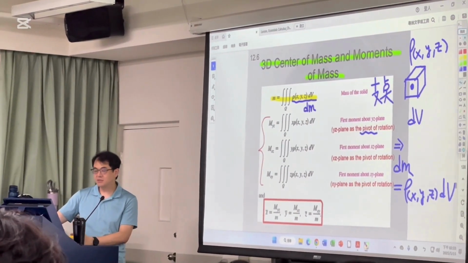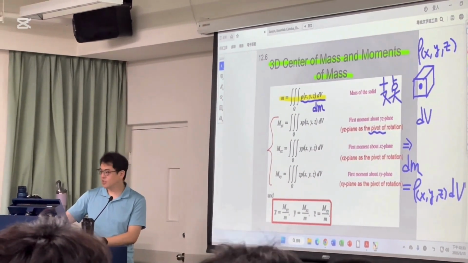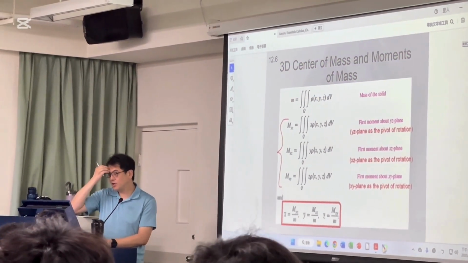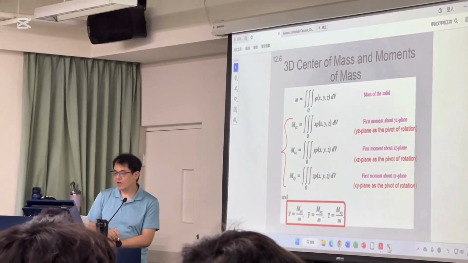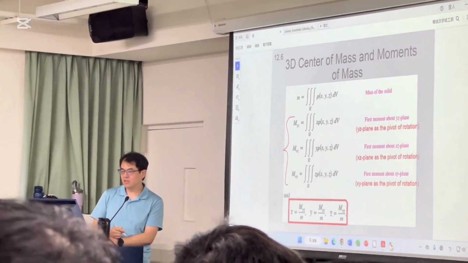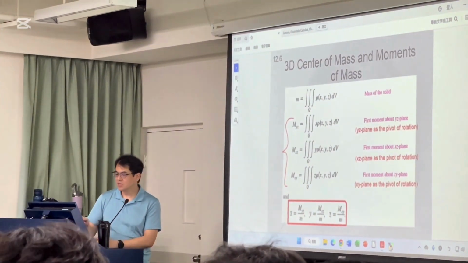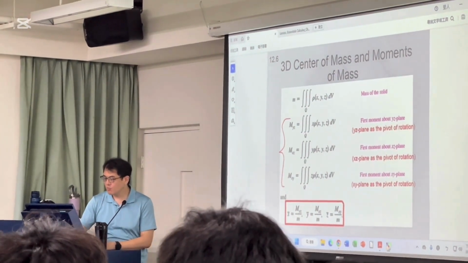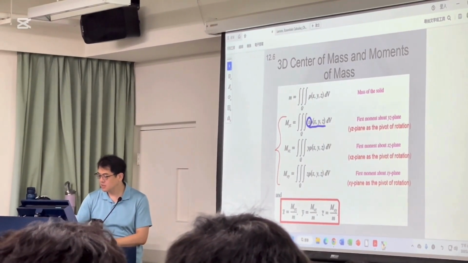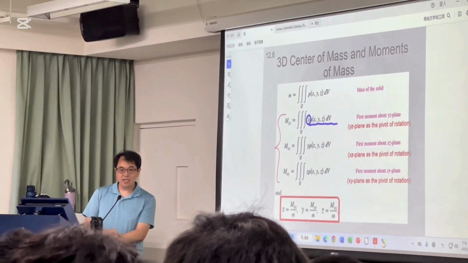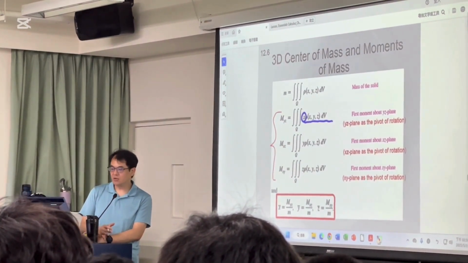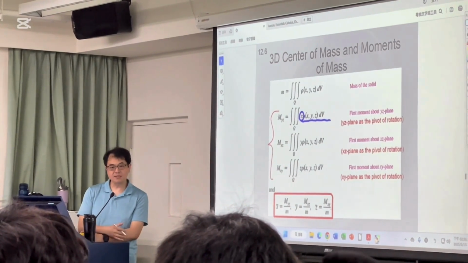Now let's see what will be the moment of mass in three-dimensional space. Okay, so here, if you want to find the center of mass in three-dimensional space, that means again we want to find out the weighted x value. What will be the weighting? The weighting will be the mass.